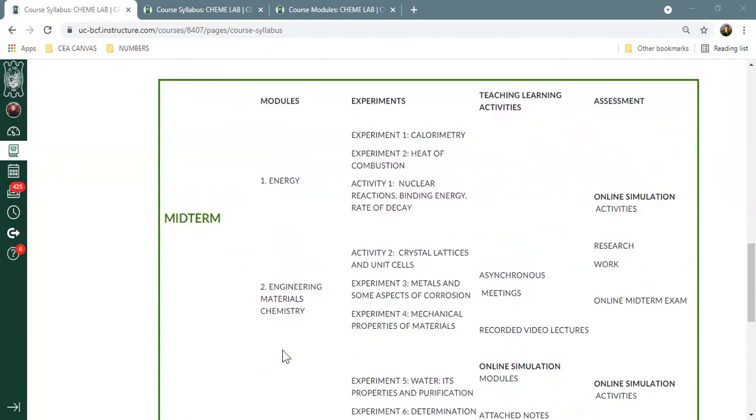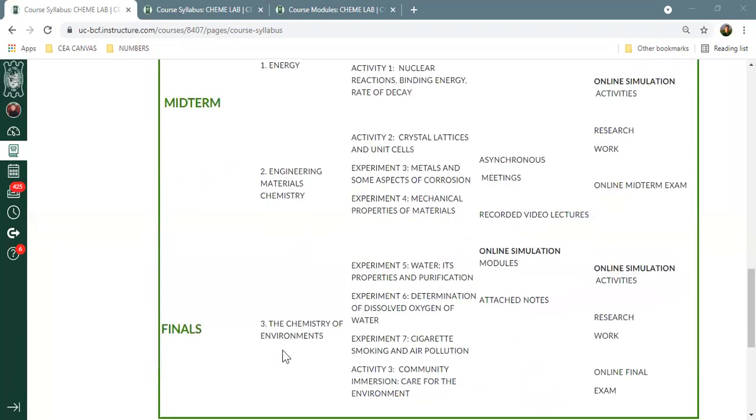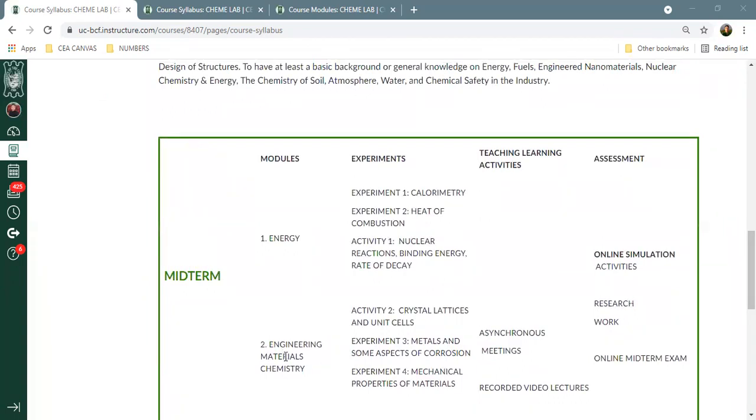The course has three main modules. For the midterms, the coverage is modules 1 and 2: energy and engineering materials chemistry or materials science. For the first module, it has three activities.